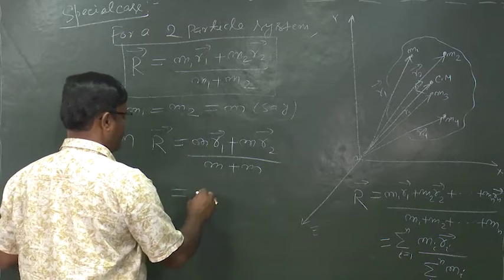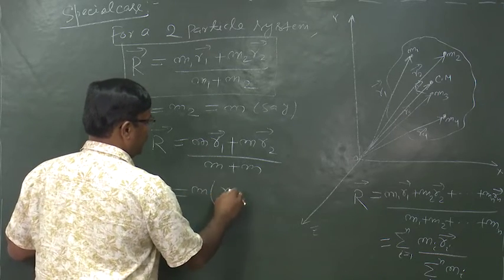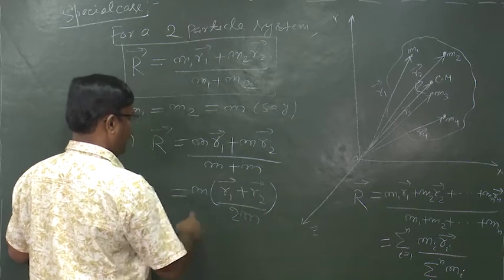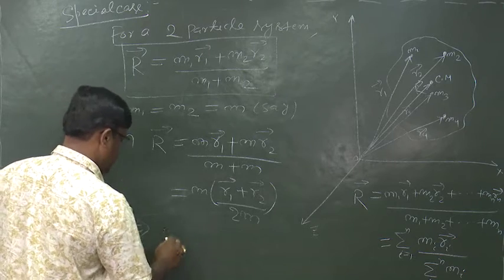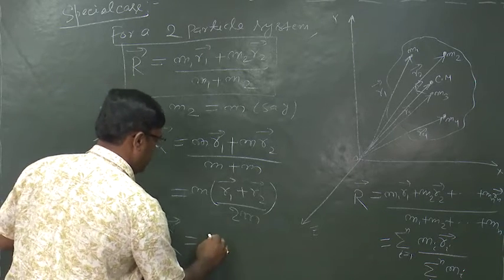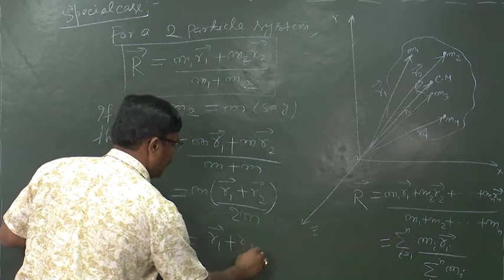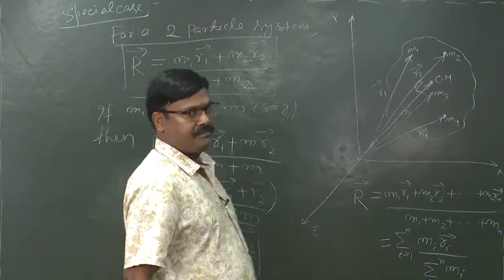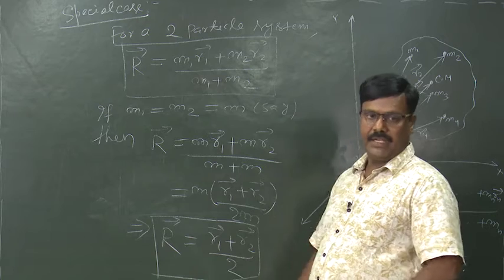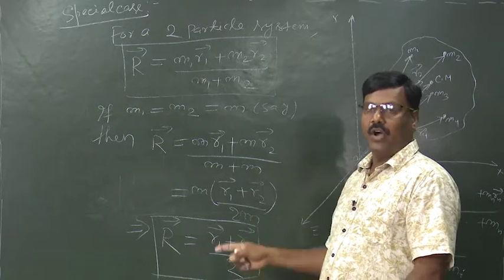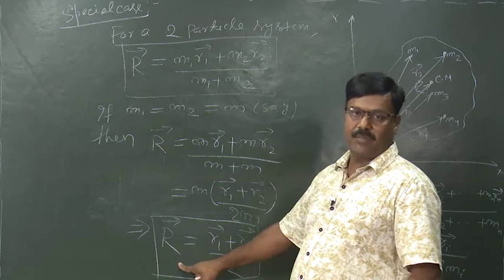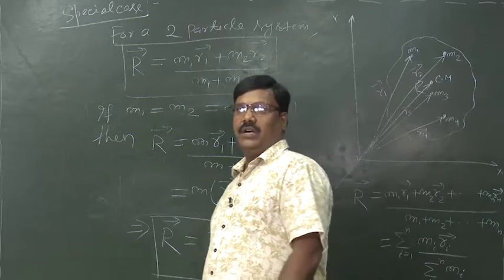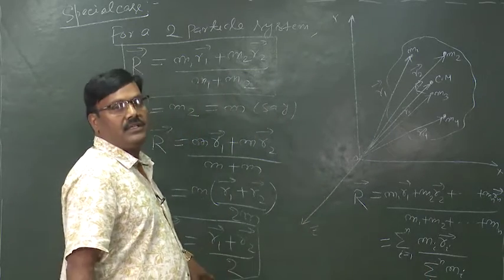Now, m can be taken as common, and this is r1 vector plus r2 vector divided by 2m. m gets cancelled, which implies R vector is equal to r1 vector plus r2 vector divided by 2. That means for a two particle system of equal masses, the position vector of the center of mass lies exactly at the midpoint of the system.